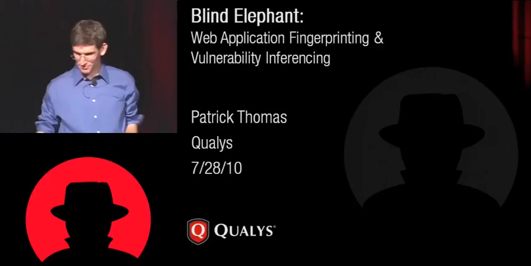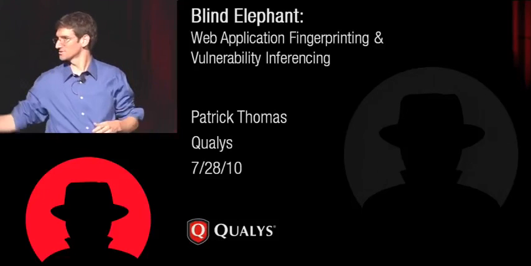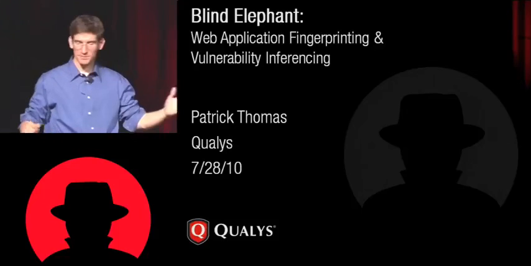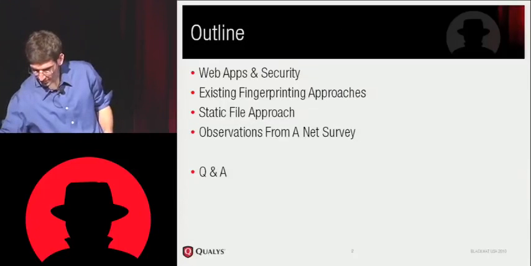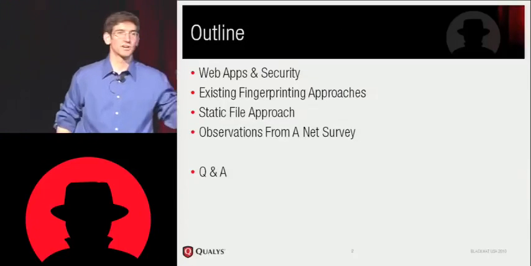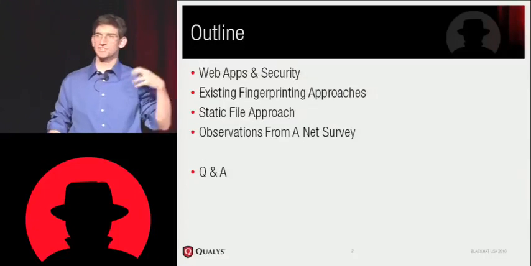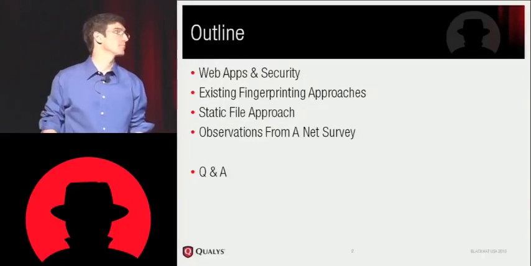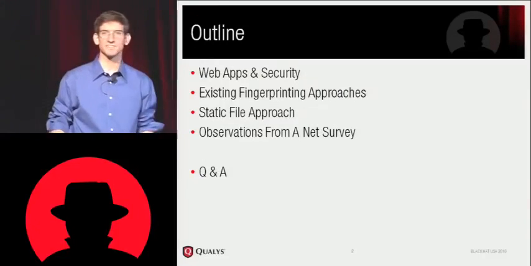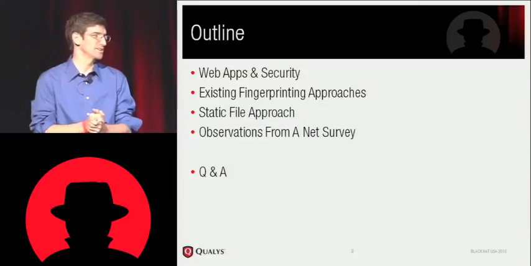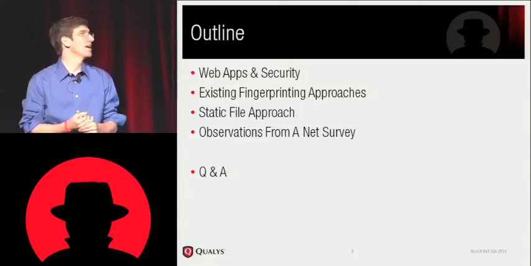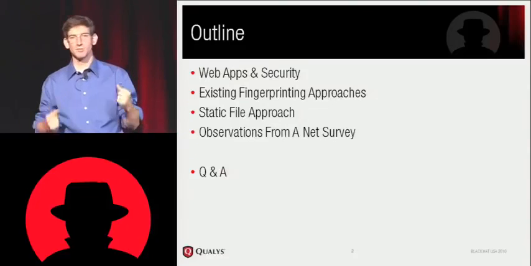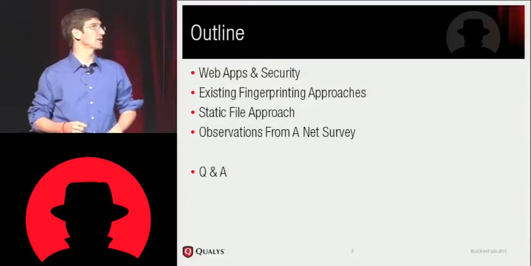Okay, as you said, we're talking about web application fingerprinting. I'll talk a little bit about web applications, some of the interesting challenges they have for security, some of the ways in which we need to think about web applications differently, and then talk about the existing fingerprinting approaches that are out there.